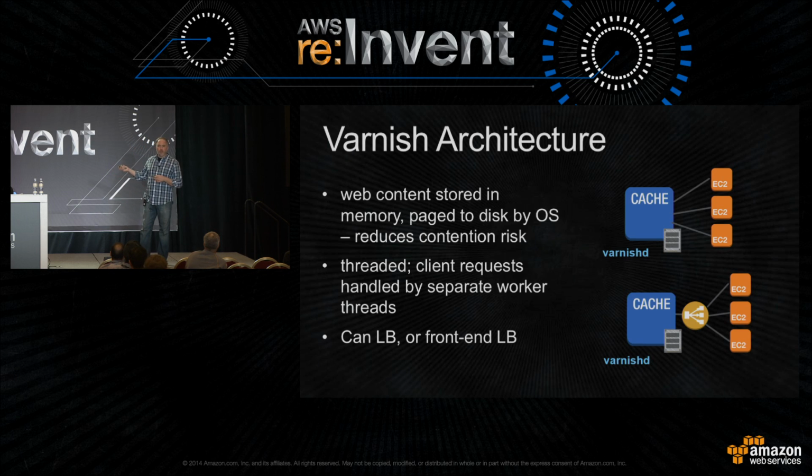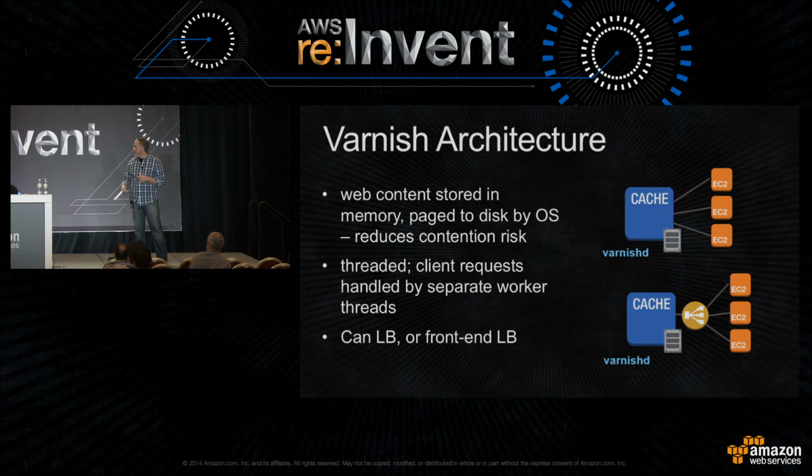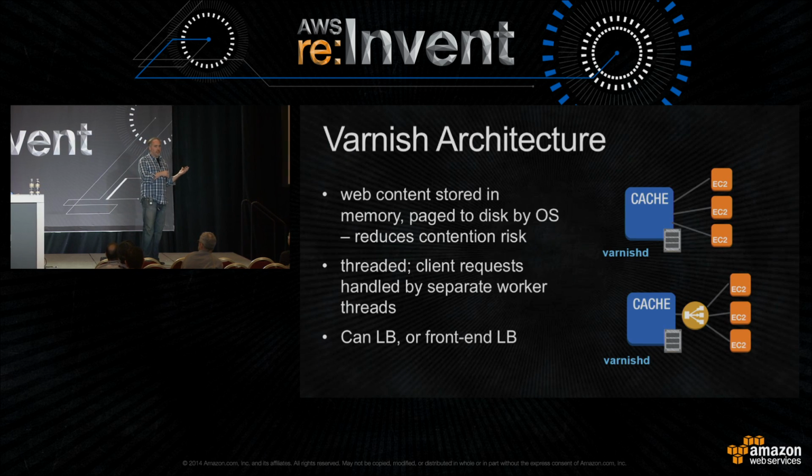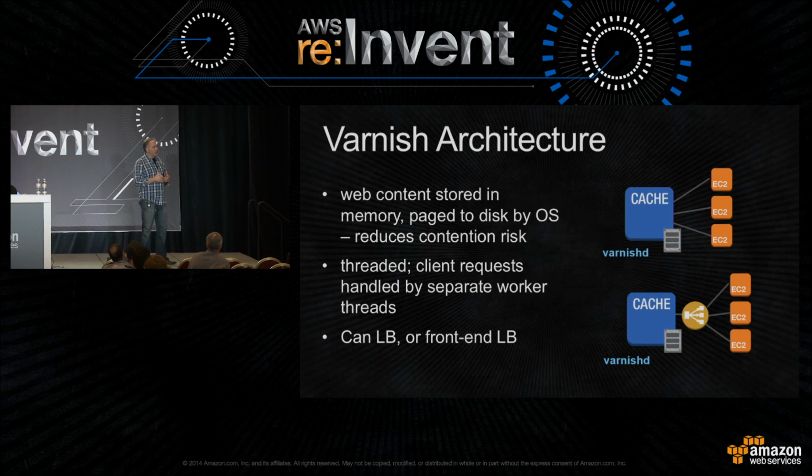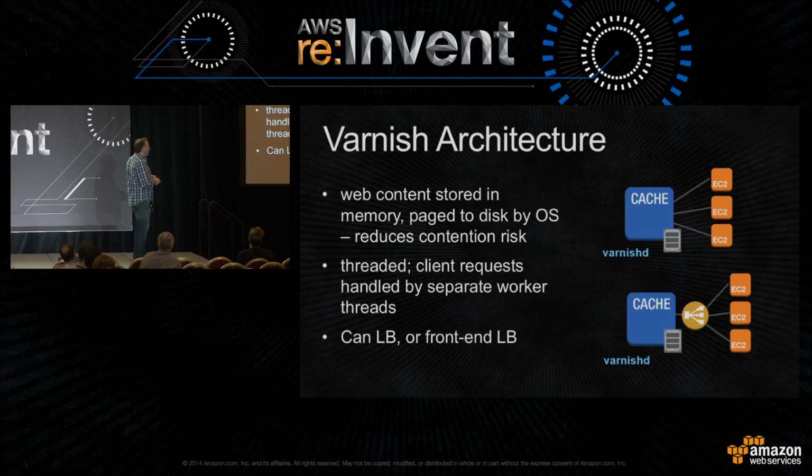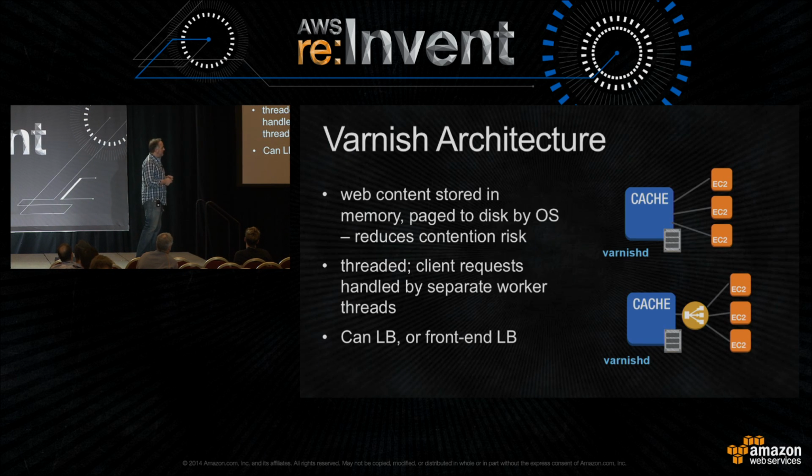The slides we've shown to date have been using the internal load balancer, which is option 2. Earlier I said this was a best practice. The reason is, what's the challenge if your web cache is sitting in front of EC2 instances that are auto-scaling?